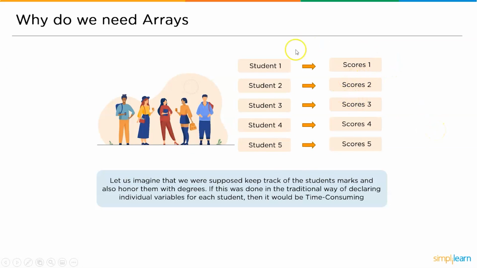The score 1 is assigned to student 1 and so on, with student 5 being assigned to score 5. In real time, this might be a little clumsy. We have here just 5 students, so that is okay. But what if we had 500 students or 5,000 students, right? That might be an issue. There we have to create some 500 or 5,000 variables and it would be a little tough to handle that, right? Even if we wanted to apply some operations collectively on all the variables, that might be a little tedious.